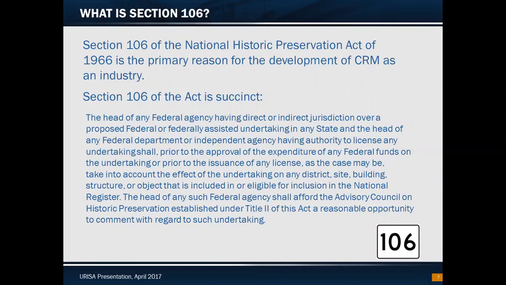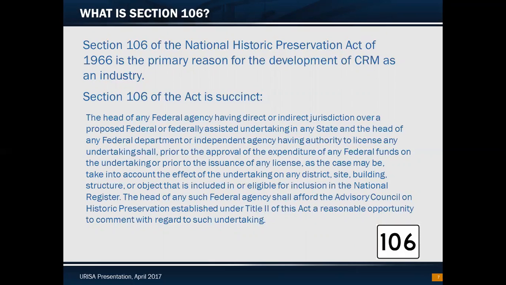And people have heard about 106, even people that don't know what it is in particular. It's basically the driving law that created our industry. That said, that section of the National Historic Preservation Act is very succinct, very short.